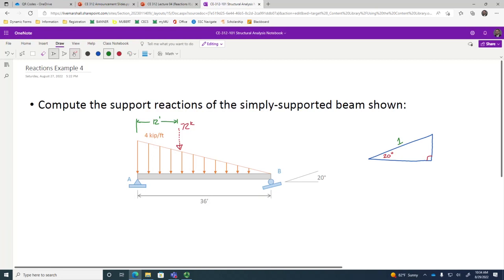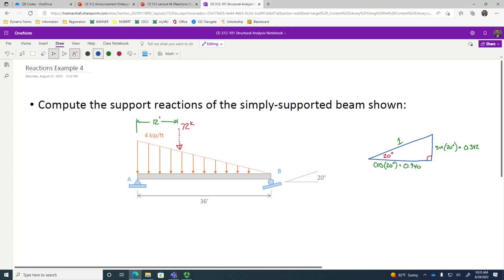So trig tells me that if I have a hypotenuse of 1, the length of this is the cosine, the length of this is the sine, right? So what is the cosine of 20 degrees? And let's do it in like 3 decimal places, just to make sure we're being specific. 0.940. And this one is the sine, and this is what? 0.342.